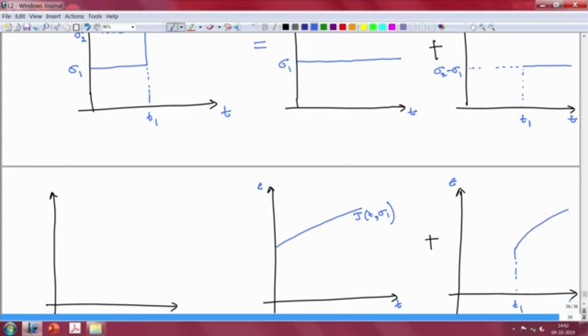The response to this separate function is simply j of sigma 2 minus sigma 1 comma t minus t1. Sorry, I think I flipped it. This is actually t minus t1, sigma 2 minus sigma 1.